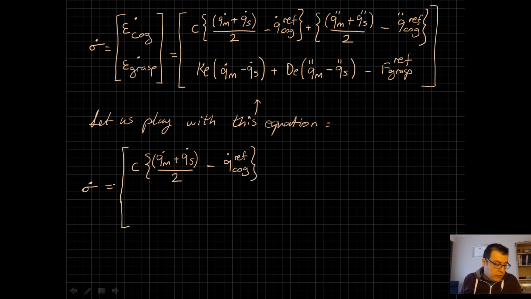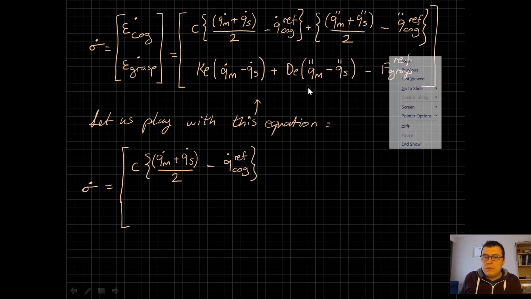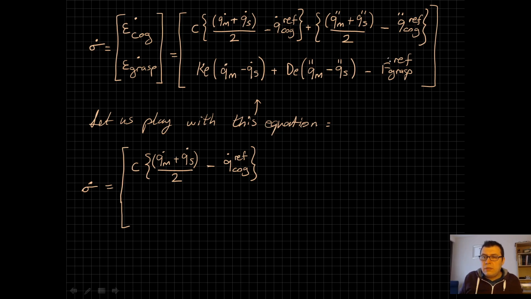By the way, I forgot to put this here. And here we have Ke times Qm dot minus Qs dot minus F grasp reference dot.